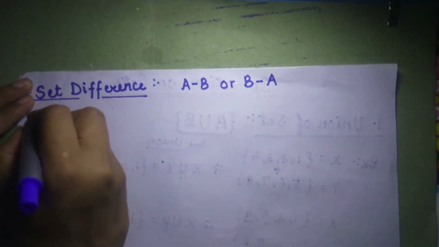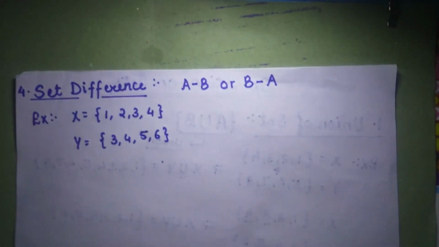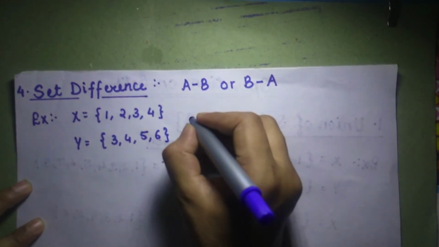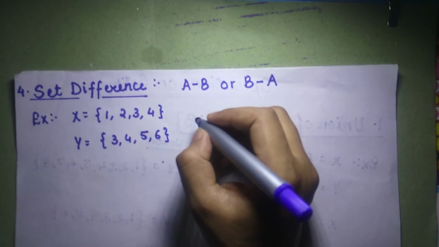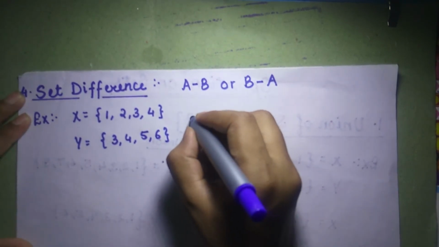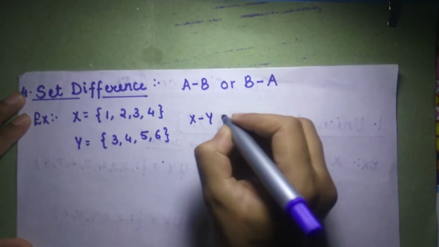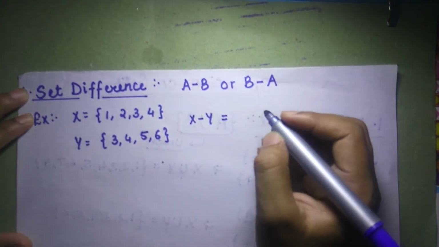Let's understand by an example. We take two sets from the previous example, X equal to 1, 2, 3, 4 and Y equal to 3, 4, 5, 6. If we subtract set Y from set X, we write X minus Y. What is the result?